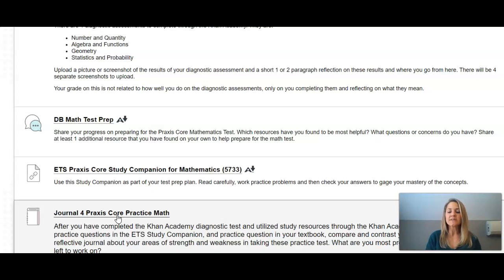And I always recommend that you plan to take the Praxis exam soon after this test prep portion. So it would probably be best for you to start thinking about testing sites and testing dates, at the latest near the end of the semester, May into the summer, so that you can do this while it's fresh on your mind.